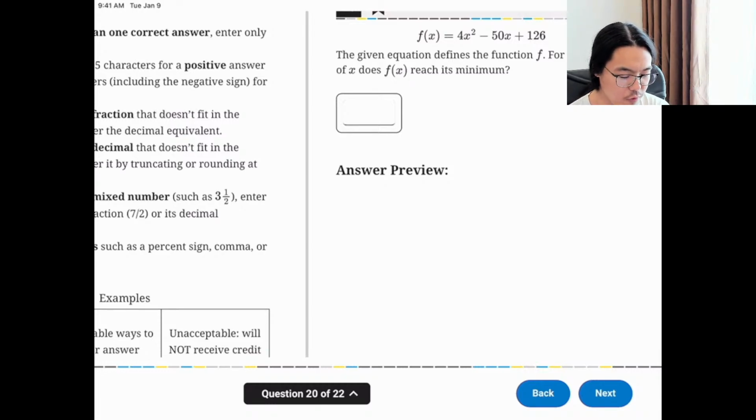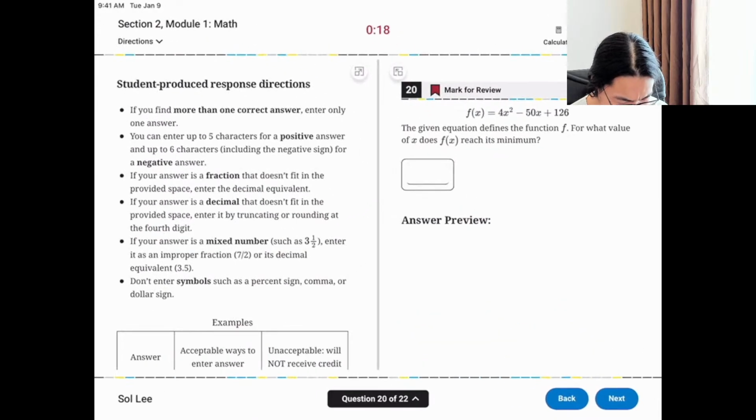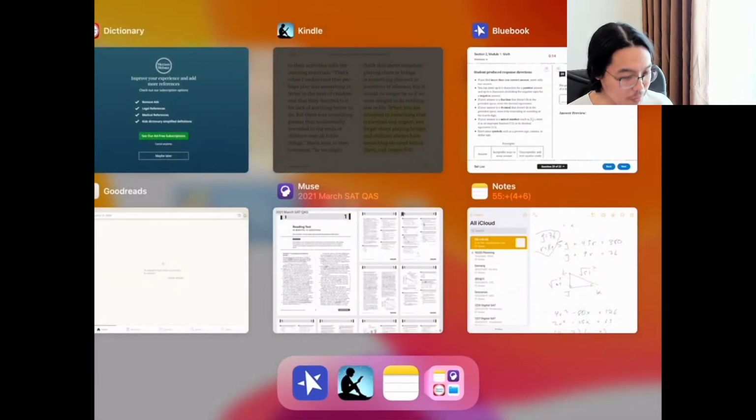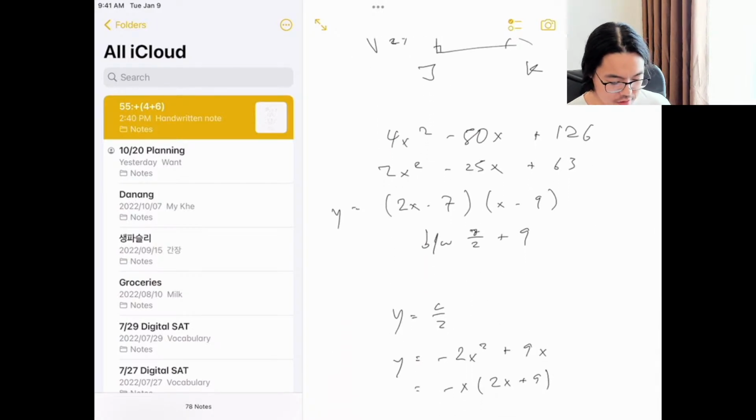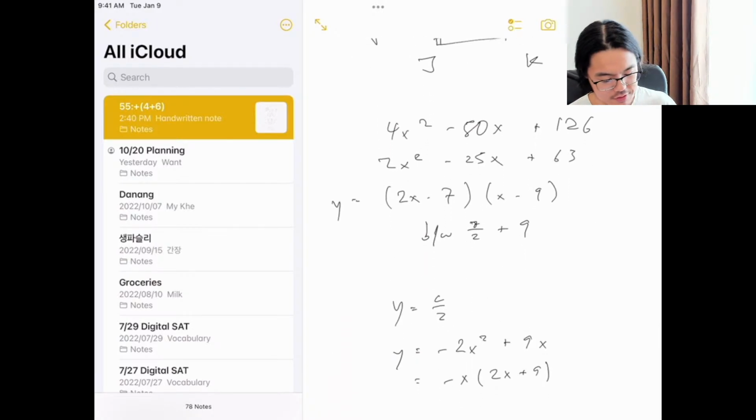Oh, of course it's at the midpoint. Of course it's at the midpoint because it's symmetrical. Duh. Thank you, Mode. Although I feel like that's not the typical way of figuring it out. But it's literally at the midpoint of 7/2. How do you figure out the midpoint of something?